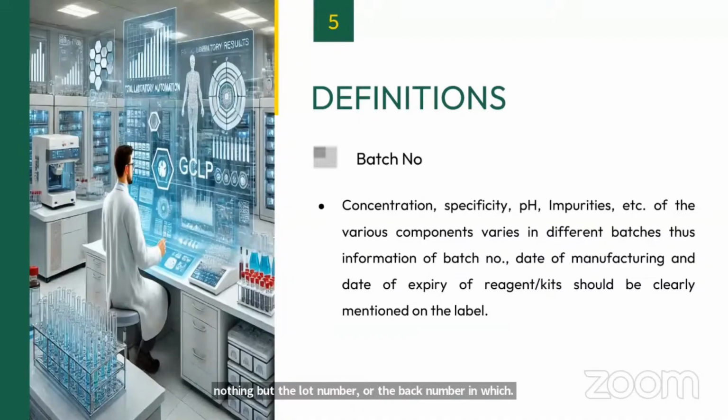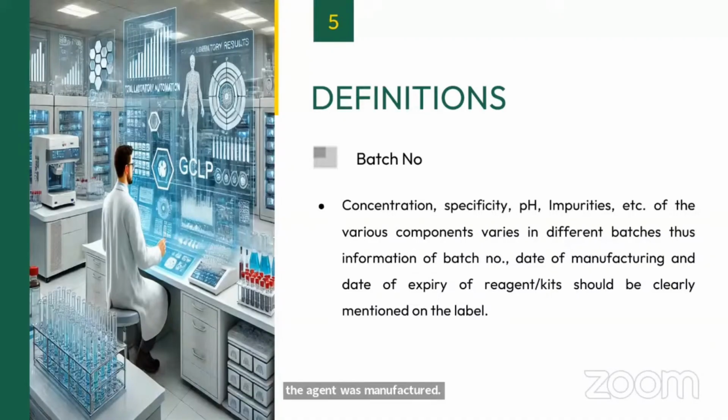reagents are prepared. So many a times there will be a minor variation with respect to the various batches or various lots of the particular reagent. So to address this issue, we should know which reagent was manufactured in which batch, what is the lot number, when it was manufactured, what was the date, what is the expiry of that reagent, or what is the expiry of the kit.